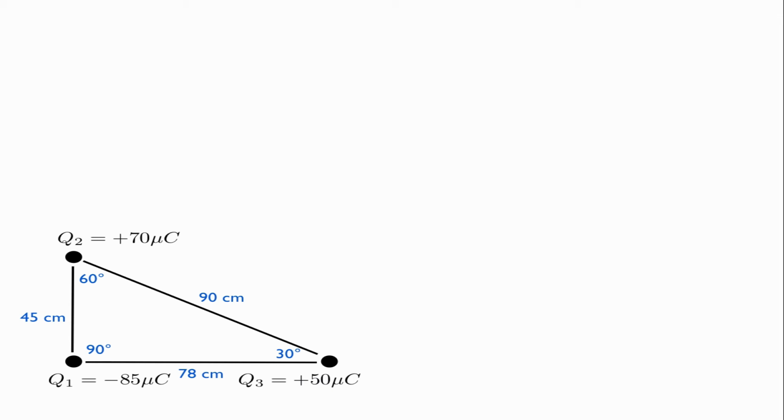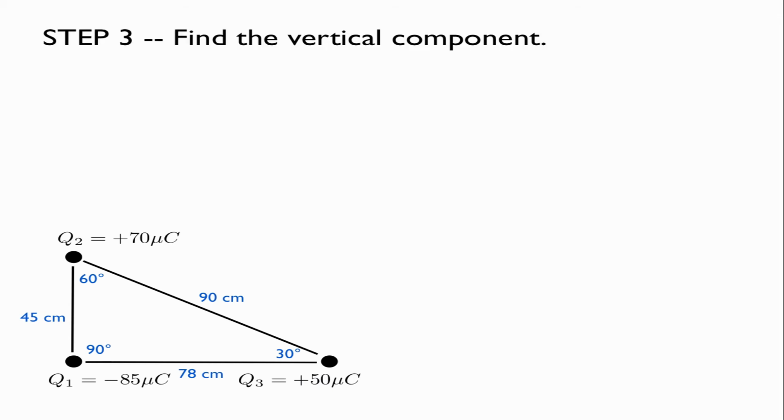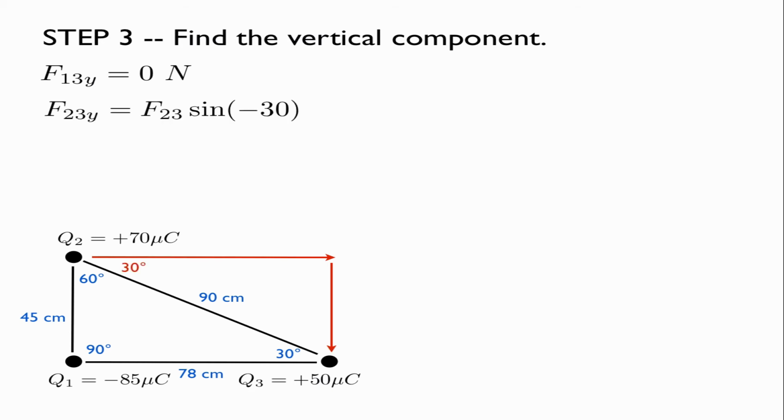We can follow the same procedure to find the vertical component. The vertical component of the force between charges 1 and 3 is 0, so we just write 0 newtons. For force between charges 2 and 3, I draw in the components, and we see that the vertical component is the sine of negative 30. Now sine of negative x is equal to negative sine x.